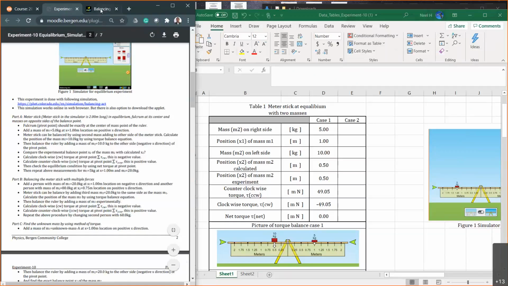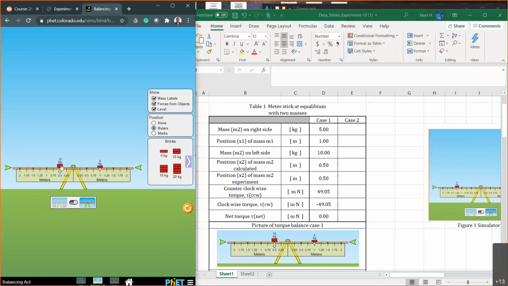Let's see whether I can balance the object by bringing the 20 kilograms and then try to place that on the left hand side. If I place it right here, you can see too much torque, leftward torque, too much counterclockwise. If I place it right here, it's still too much torque. So that means if you have too much torque, you have to bring the force acting point closer to the fixed point, right?